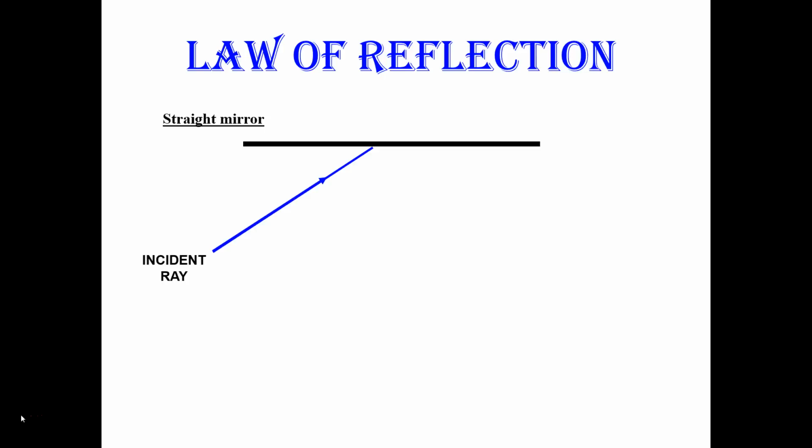The incident ray will strike the mirror at any particular position along the face of the mirror. It doesn't matter where. Wherever it strikes the mirror, we can imagine a line called the normal that is 90 degrees to the mirror. Okay, so it's perpendicular to the mirror.